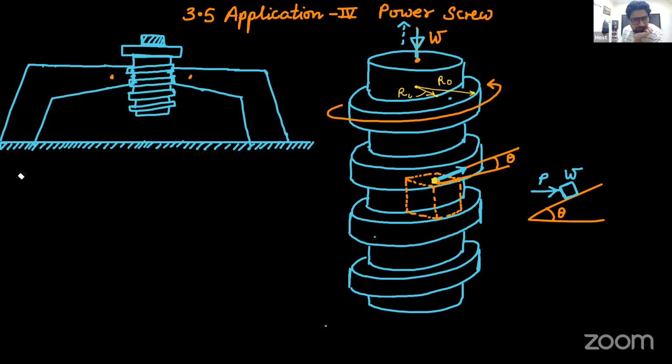Once again, if you want to revise, do revise. The force required to move a block up an inclined plane of angle theta is W tan(phi_s plus theta).